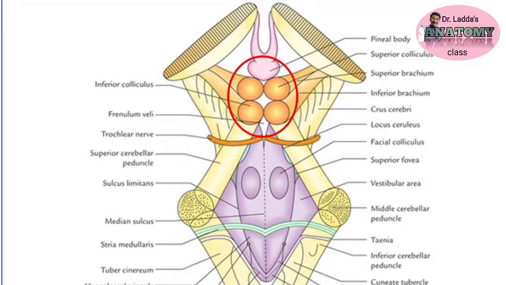There are two at the upper and two at the lower. The upper are called superior colliculi and the lower are called inferior colliculi. These colliculi are concerned with vision and hearing. The fibers for vision and the fibers for hearing communicate with these colliculi because they play a major role in these two functions.